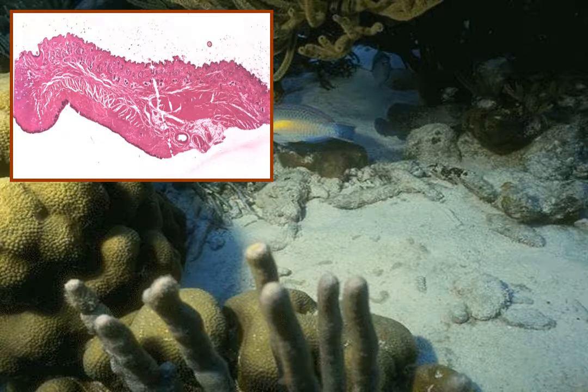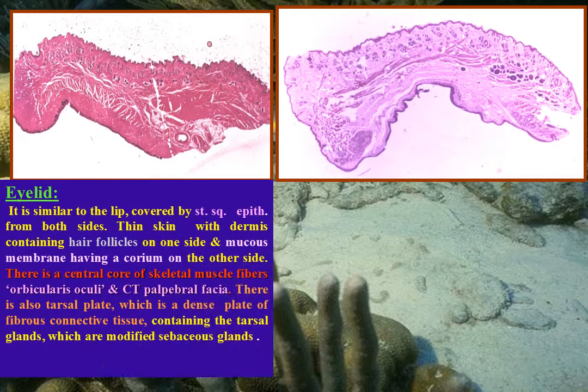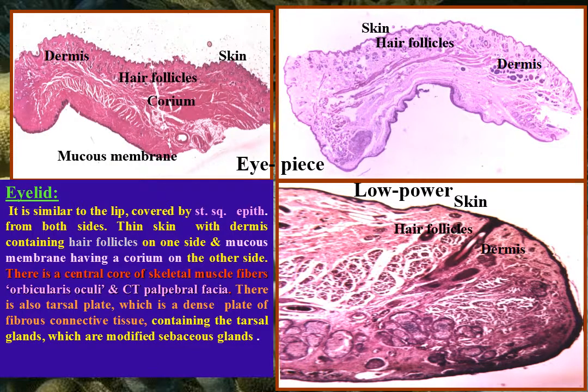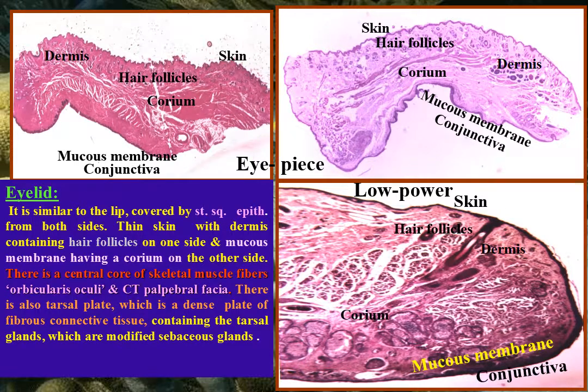Eyelid is similar to the lip, covered by stratified squamous epithelium from both sides, thin skin with dermis containing hair follicles from one side, and mucous membrane having a corium on the other side. There is a central core of skeletal muscle fibers or orbicularis oculi and connective tissue palpebral fascia.